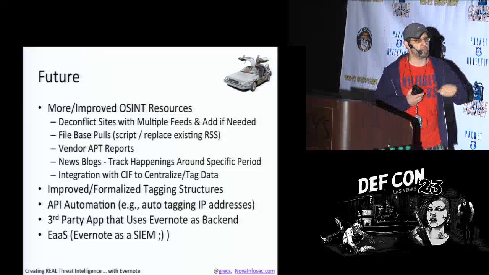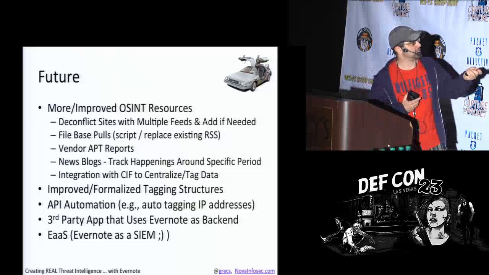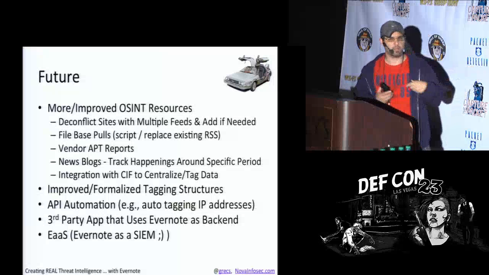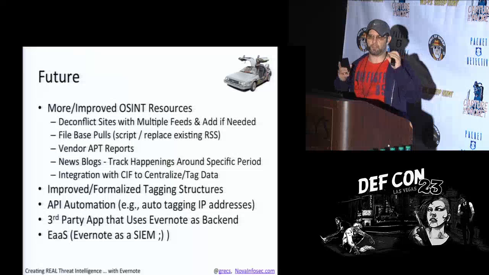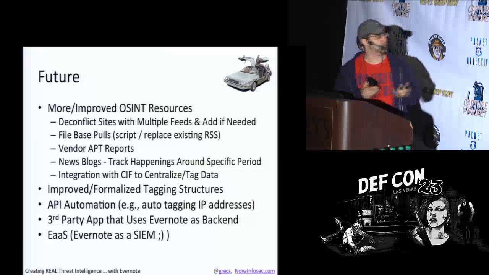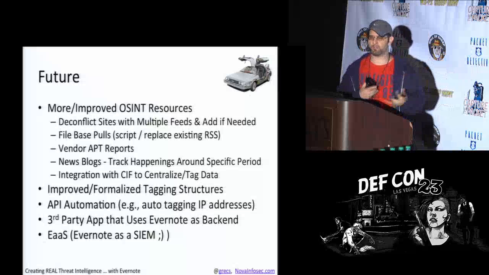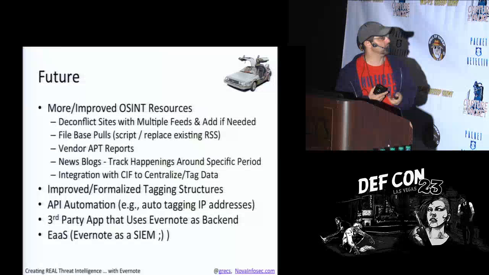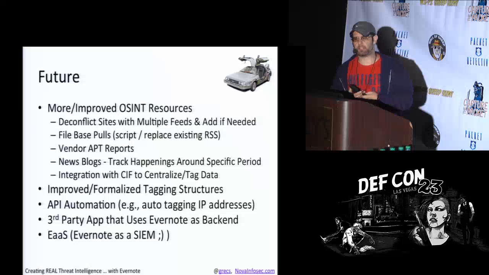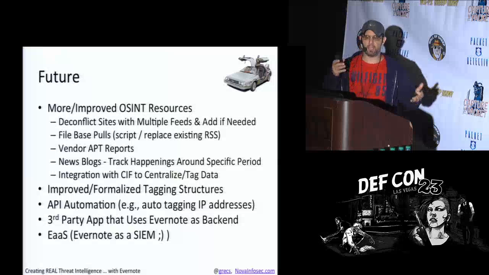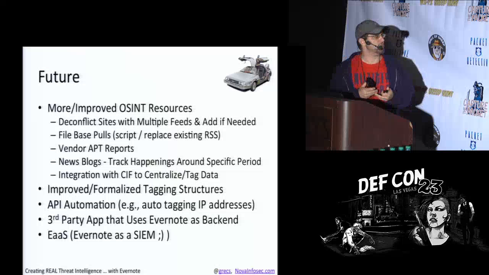There's a great site, which I don't have listed here, where a guy on GitHub puts all the APT reports that come out. I want to find a way to pull from that so that I can search those too. I also want to add more news blogs. Currently I just have 2, so maybe I'll add 1 or 2 more so that I can understand what was going on around a specific timeline.